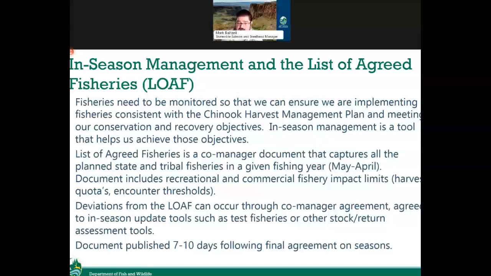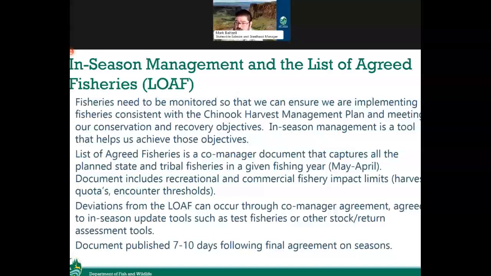You'll often find our fishery controls in there that we developed through the North of Falcon process. I wanted to make sure folks were aware that the document exists. It is available for public consumption approximately 7 to 10 days after we finalize our preseason fisheries after the second Pacific Fishery Management Council meeting in early April.